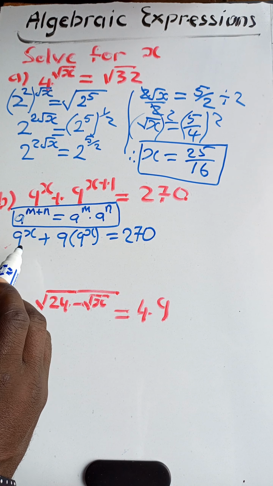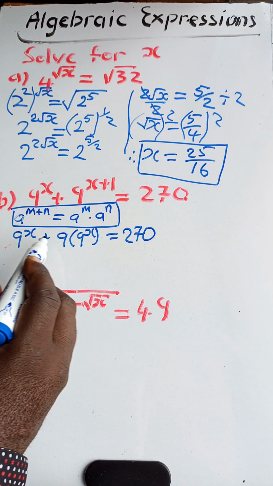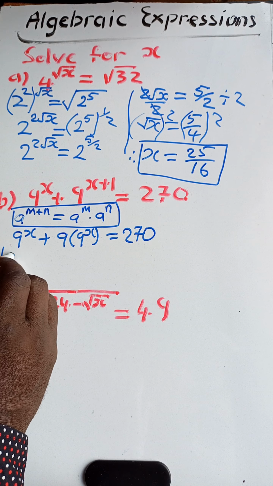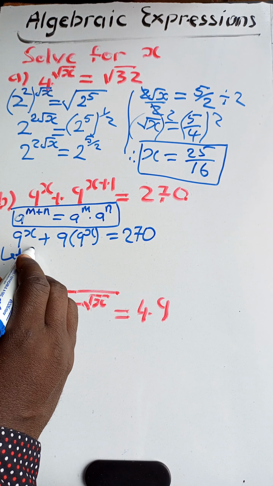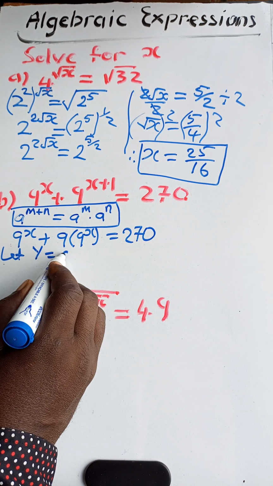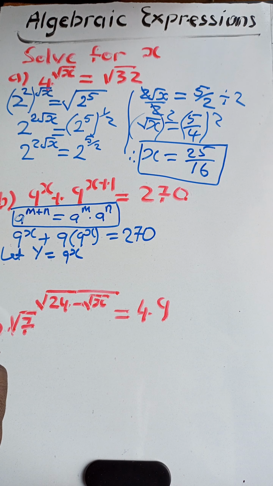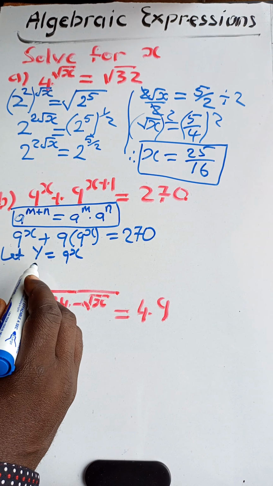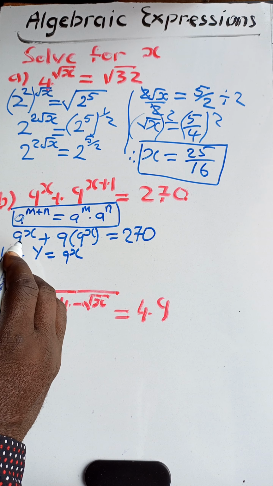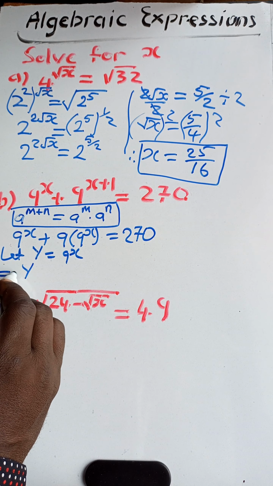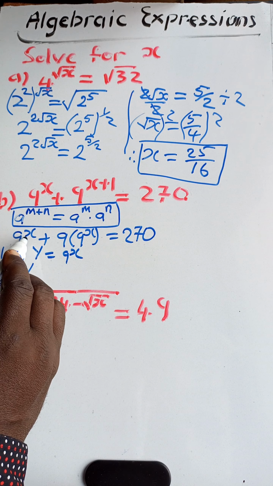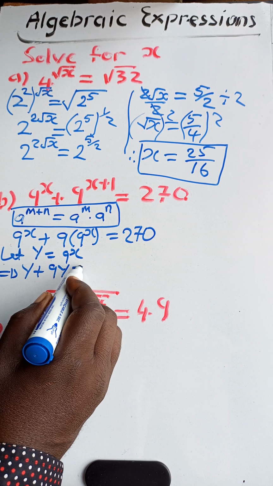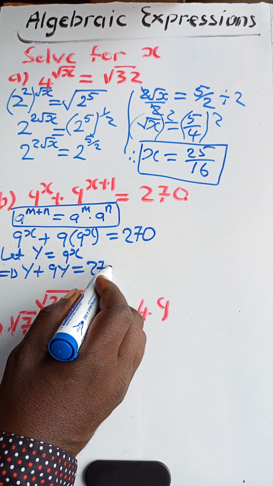Okay, now we have an expression here in terms of 9 to the x. So to make it look a lot clearer, we can say let y be 9 to the x, for example. If we replace 9 to the x with the letter y, we're going to have y plus 9y is equal to 270.